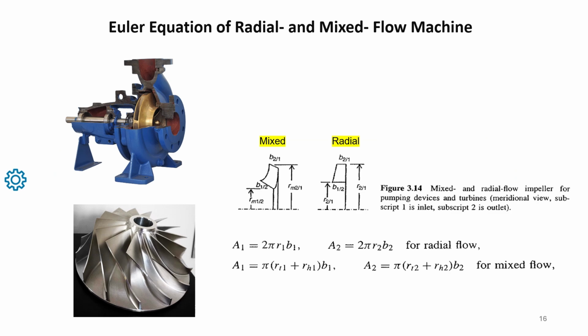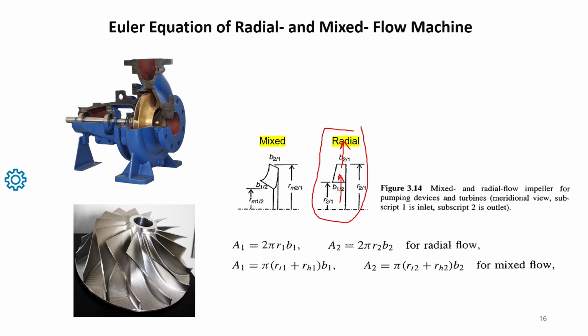Now with radial flow machines, what do I mean? Let's start with radial. Radial flow machines, we're talking general here, we are not talking about pumps or turbines, we're talking very general. So in a radial flow machine, you have the fluid entering the rotor radially and leaving radially, okay?